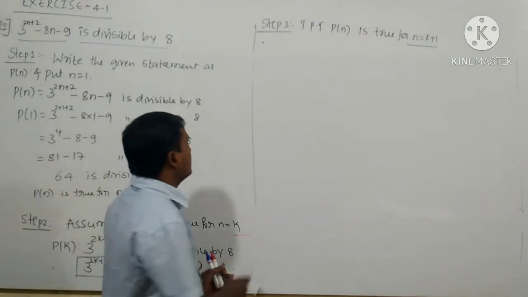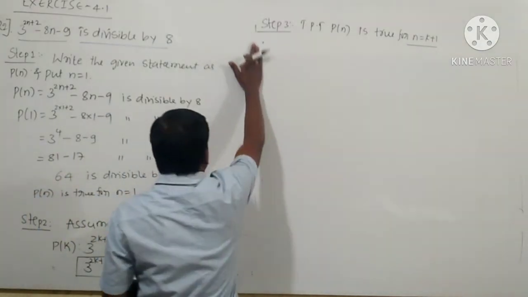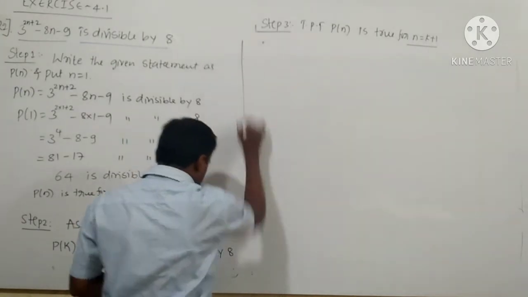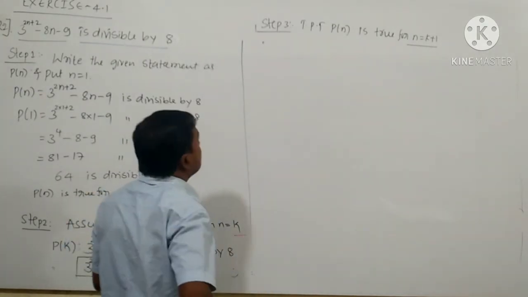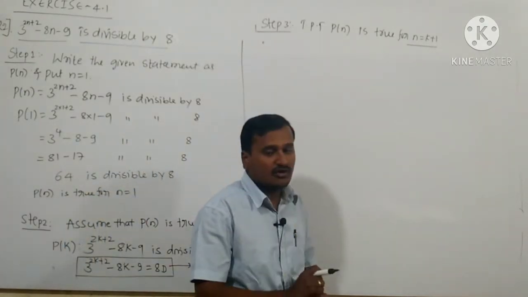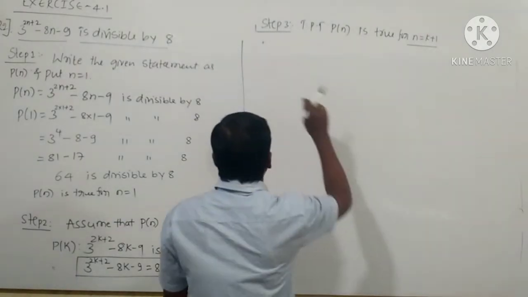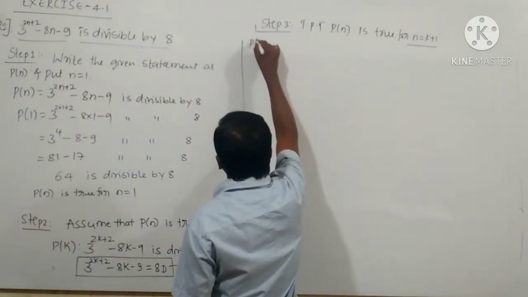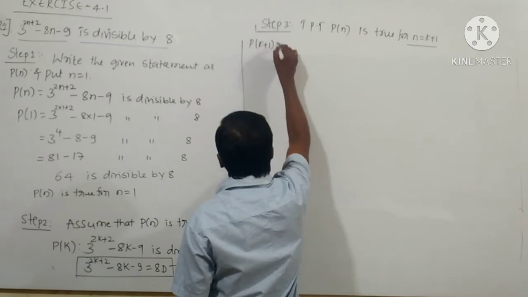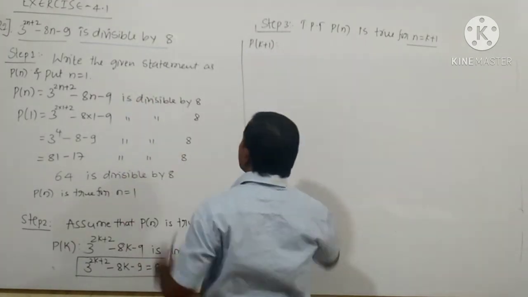Okay, right. Now what we have to prove? Step 3. In step 3, to prove that p of n is true for n is equal to k plus 1, replace the value of n by k plus 1.